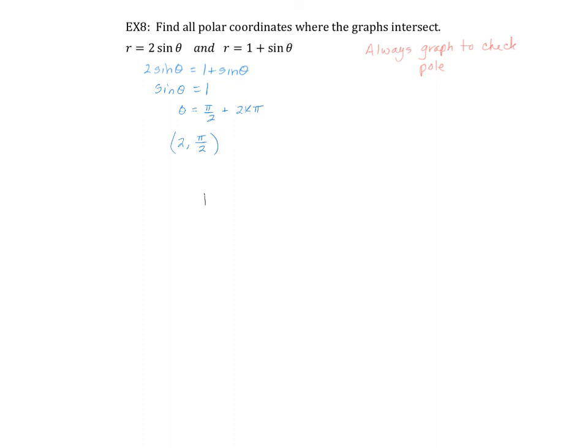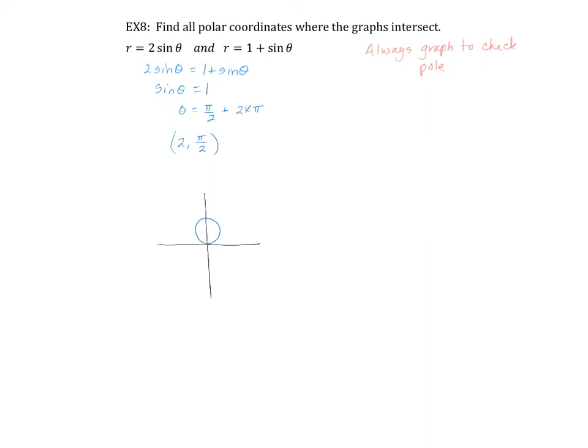So if I were to sketch a graph, and I'm just going to put those two equations in my graphing calculator, I'm going to see picture-wise, do they intersect at the pole? Well, let's see. r equal to 2 sine theta, that's going to be a circle, and this is just a hand sketch.